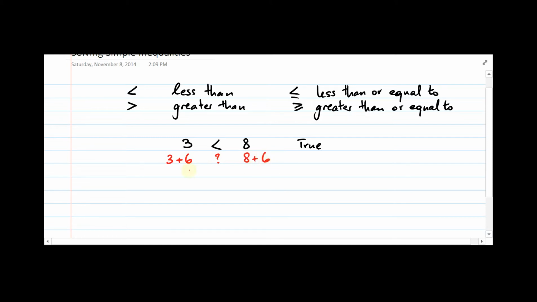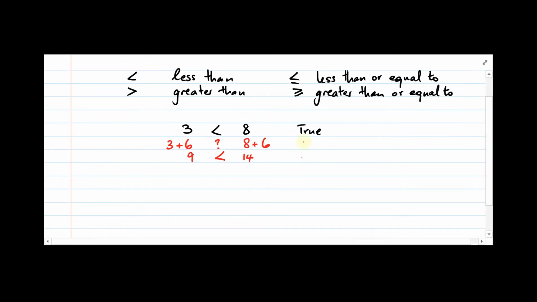Would it still remain true? The answer is, 3 and 6 give 9, 8 and 6 give 14. It is still true that 9 is less than 14. So what we can say here is that the inequality did not change when we added.